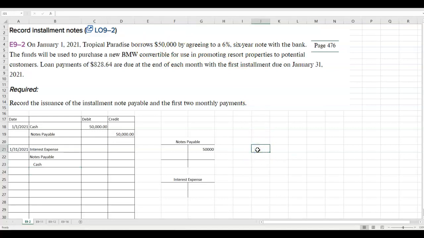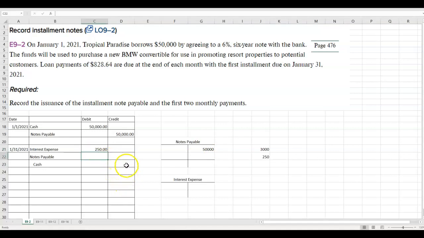So let's just calculate this off to the side. $50,000 times 6%, 0.06. Interest is $3,000 a year. That makes interest $250 a month on a balance of $50,000. So our interest expense is $250.